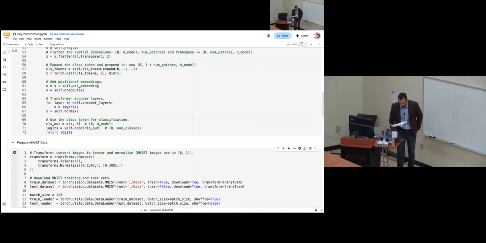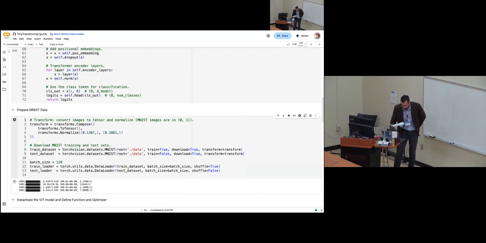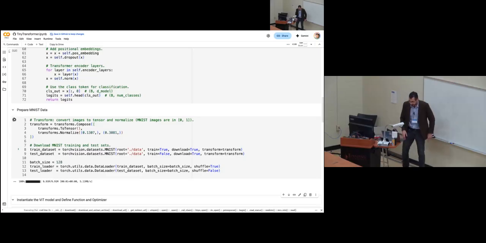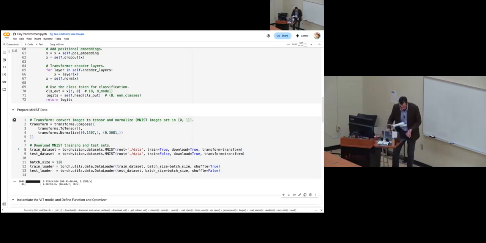So now we have our ViT model. We get the data. So it's downloading the training set and the test set. Maybe I'll visualize some of this data so we look at it.